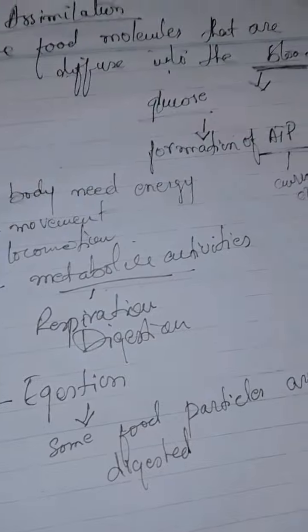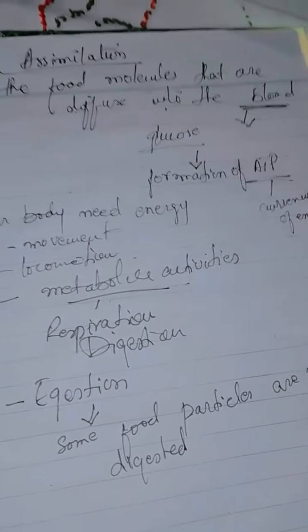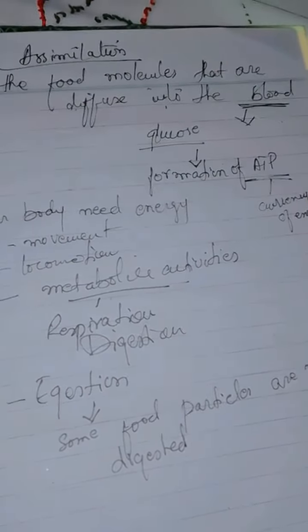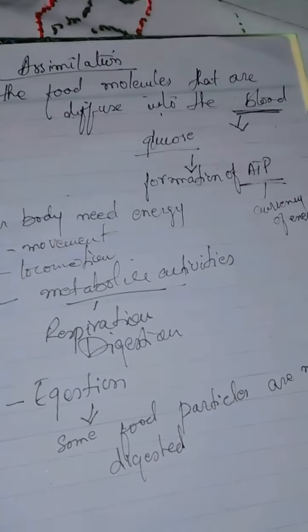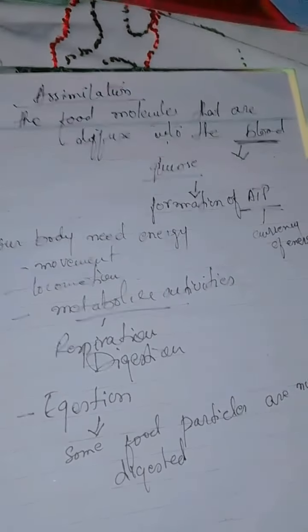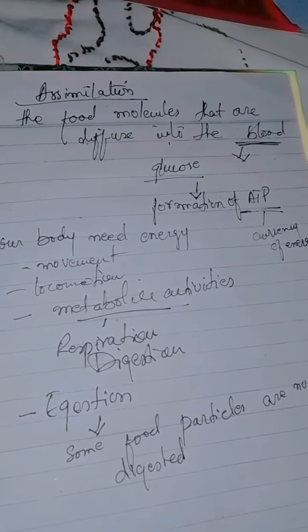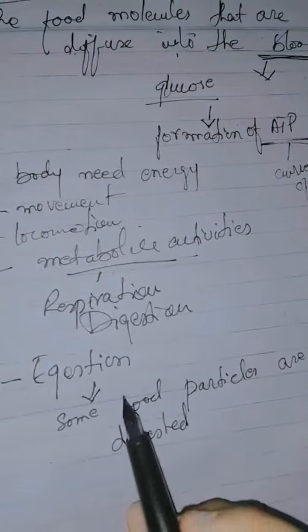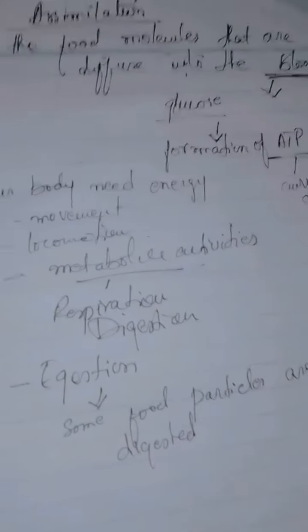It is not compulsory that all the food particles should digest. There are some particles that do not digest, so they will move into the large intestine, and through the large intestine into the rectum, so that they can move out from the body.